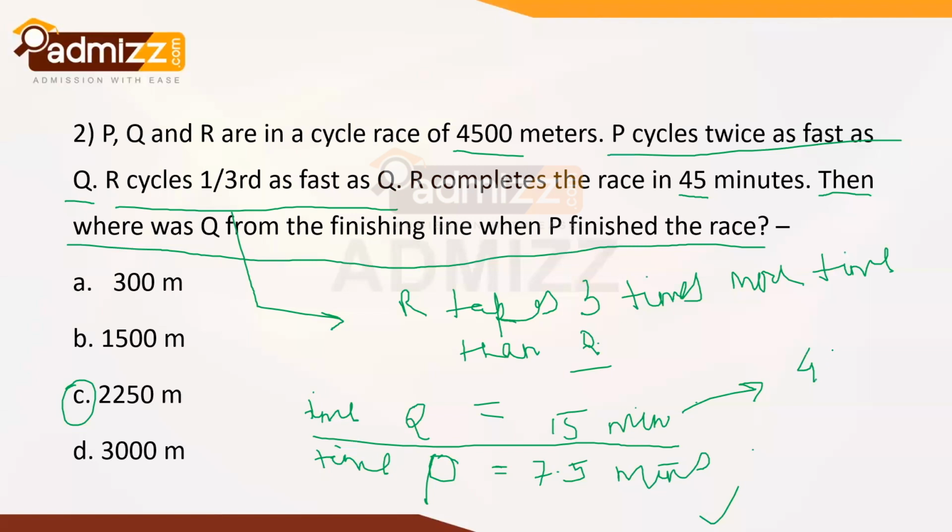So Q will be at 4,500 by 2 meters from the finish line, which is 2,250. So this is the correct answer in this case. Is this clear to everyone?